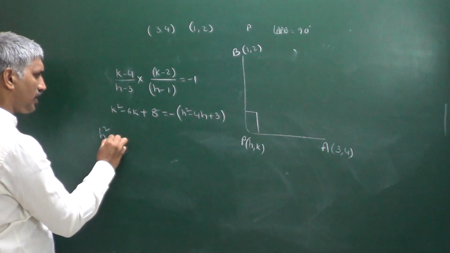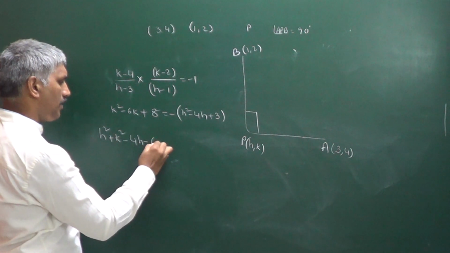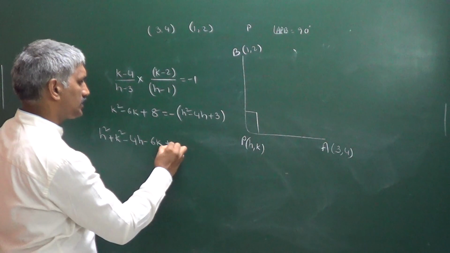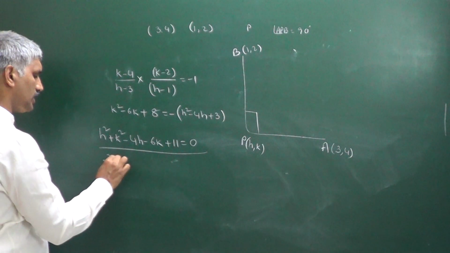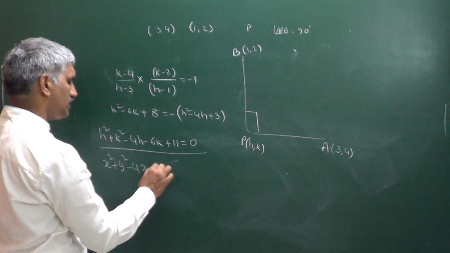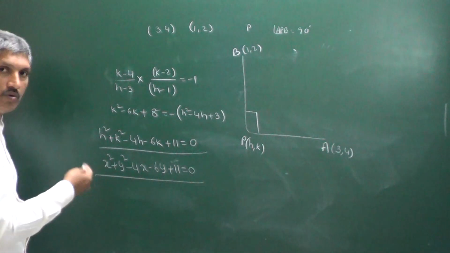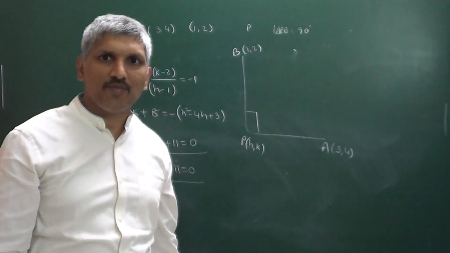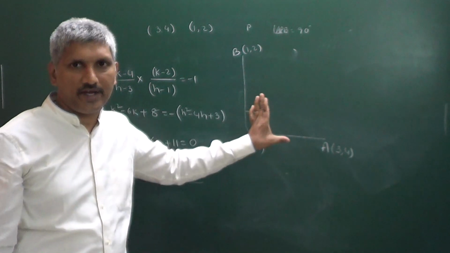You will get h square plus k square minus 4h minus 6k plus 11 is equal to 0. Therefore the locus equation is x square plus y square minus 4x minus 6y plus 11 is equal to 0. Earlier also we got the same equation. That is the advantage if you know the slope idea, right?